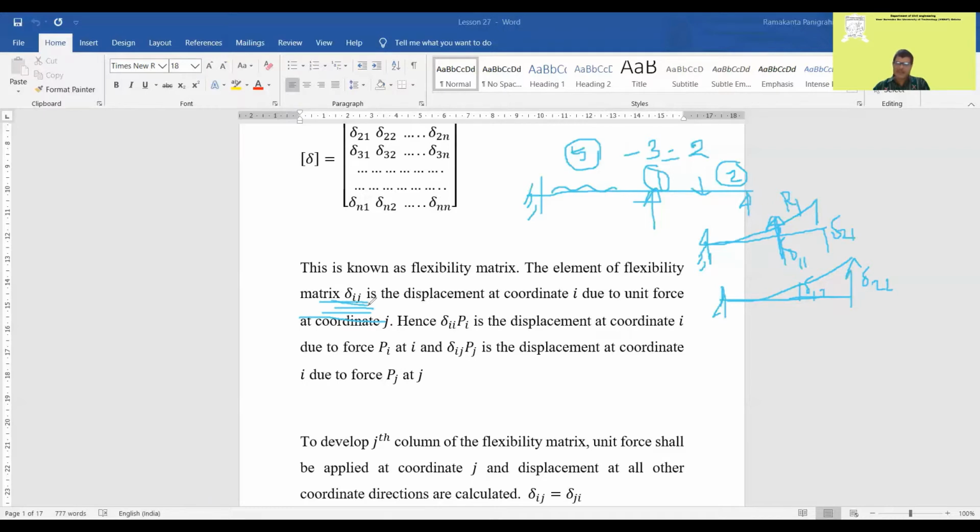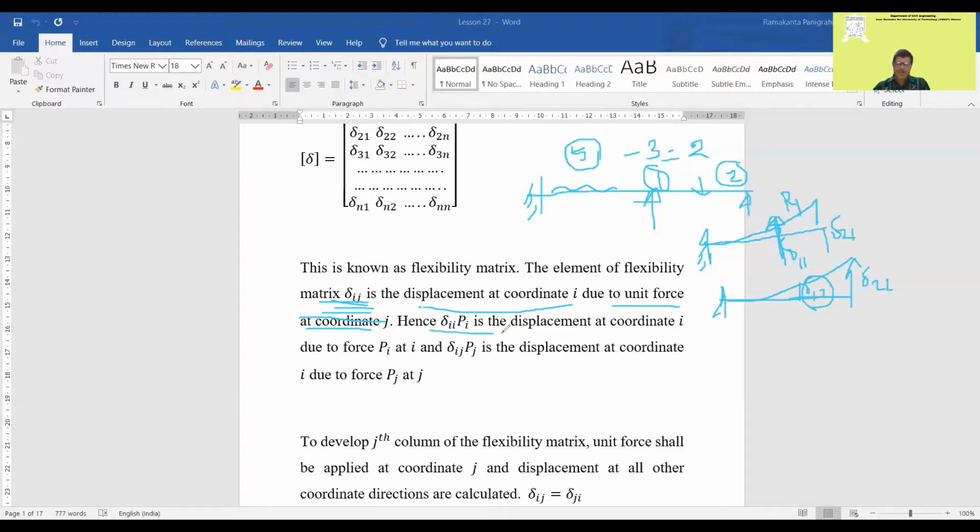What is the displacement at coordinate I due to the unity force applied at coordinate j? Applying at 2, what is the displacement at 1? Delta 1 2. Applying at coordinate j, find the displacement at I.